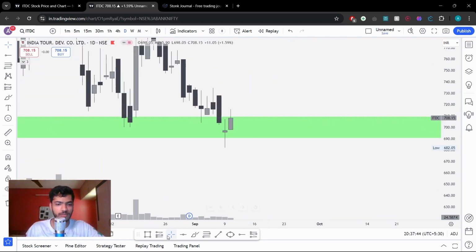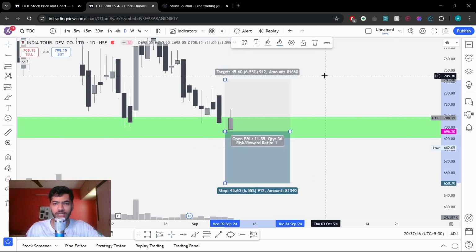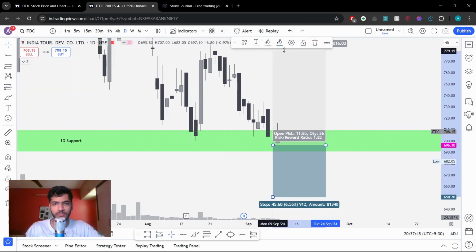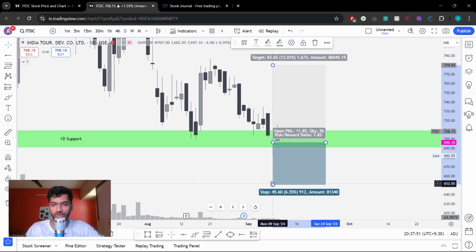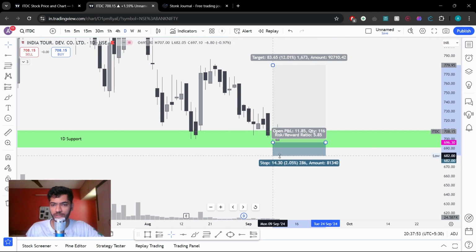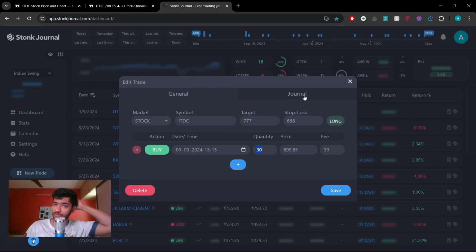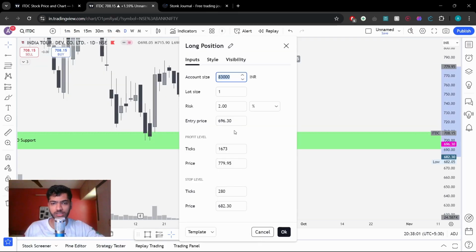I'll just mark the zones, or mark my take profit and loss, so that you guys have an idea about it. So around 14 rupees is going to be my stop loss. If you can see right here, my stop loss is 668. So I'll just mark my stop loss here, 6, 6 and 8.